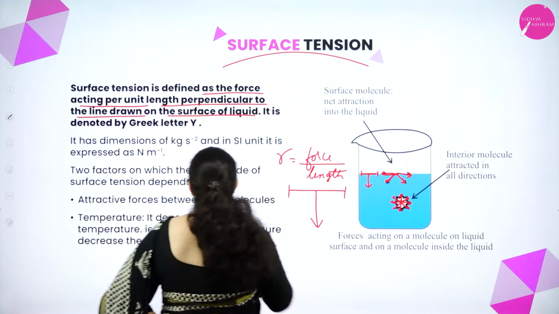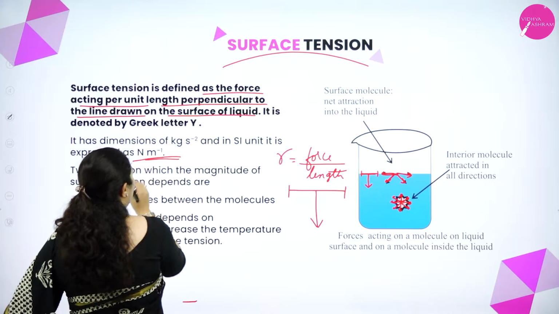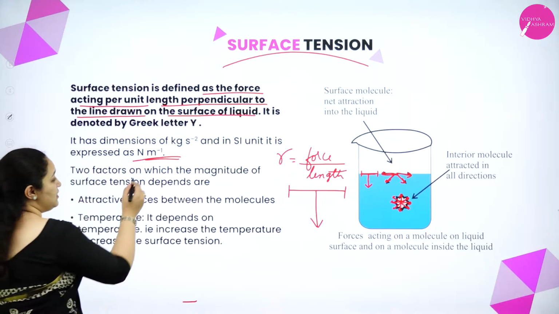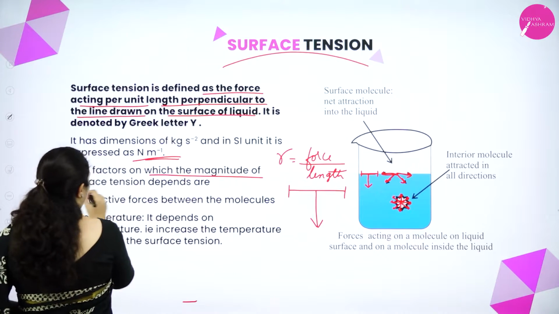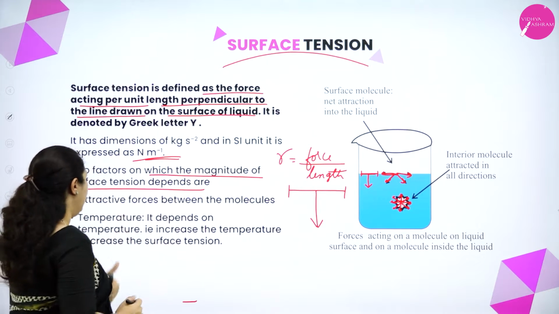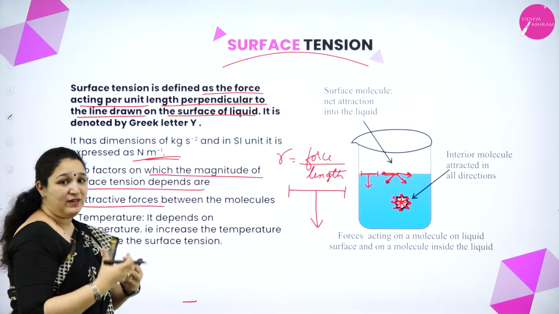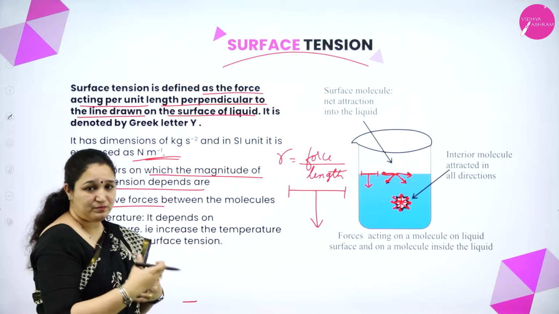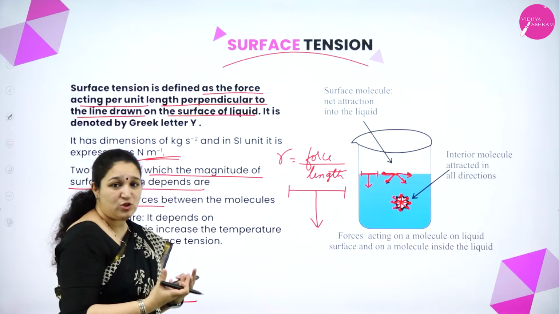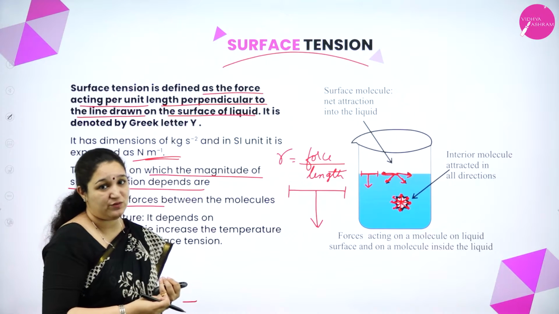So what is the SI unit? It is Newton per meter. Now there are two factors on which the surface tension depends. One is the attractive force. If the intermolecular force of attraction between the particles is more, then the surface tension will be more.